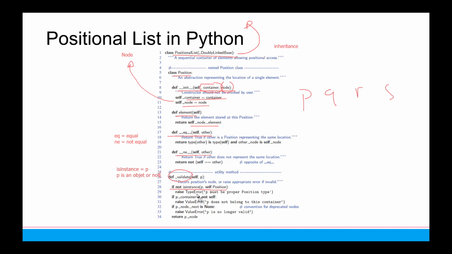So if it is not validated, then it is an error. If P dot container is not self, it means if P is not in the container, let's say this is the container, if the symbol is not in the container, then it is an error. And then if P dot next is None, or it is not available, then P is no longer valid.